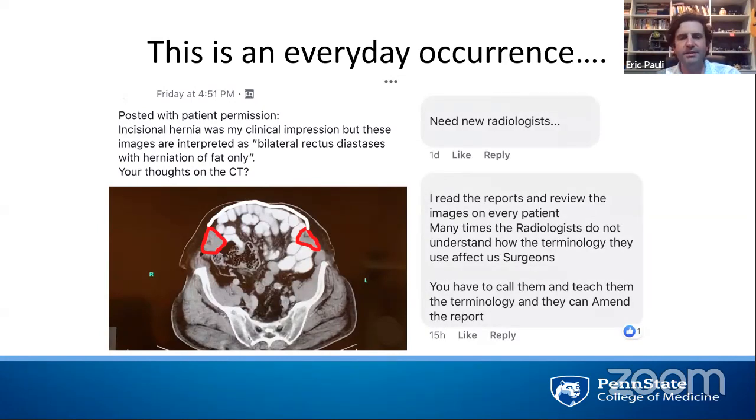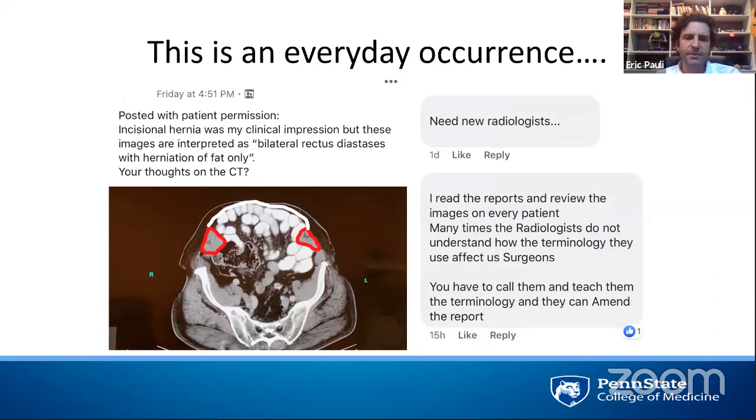Well, that's not really true, okay? The radiologists are busy looking for things that they need to read in the report or that are part of their standard reporting software. They're looking at livers and aortas and things that go bump in the night. And so the hernia is not their top priority. I think the second comment is probably a little more true to what I did when I first started, which is, if you call them and teach them the terminology, they can amend the report.